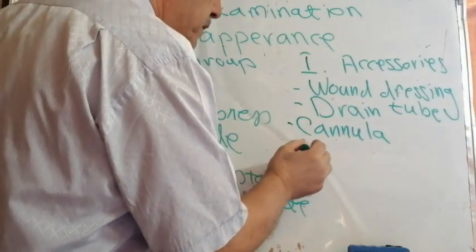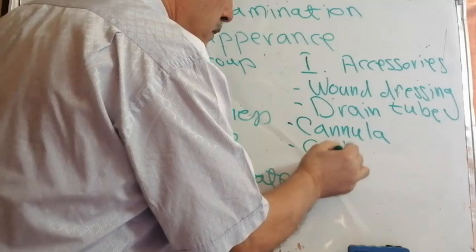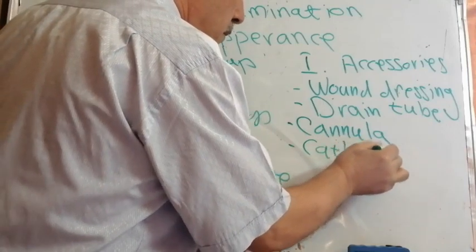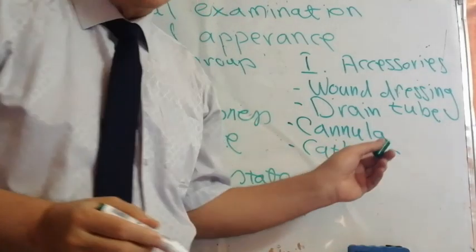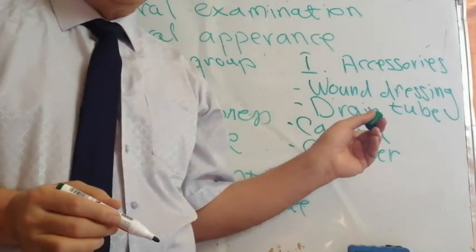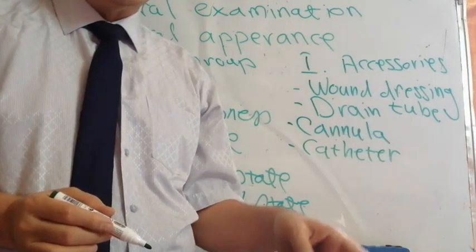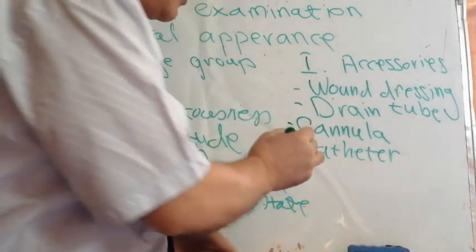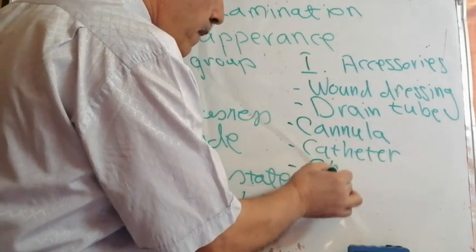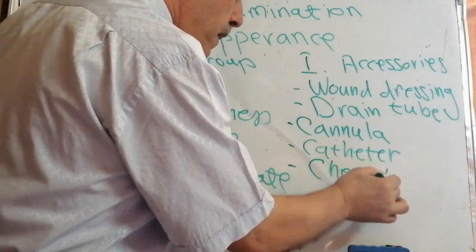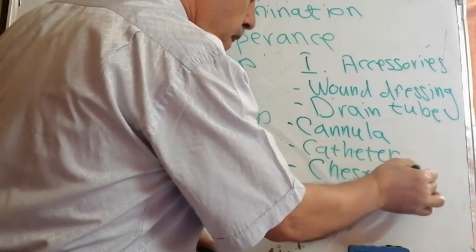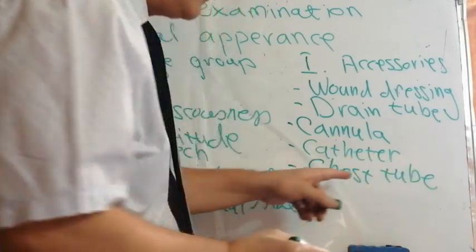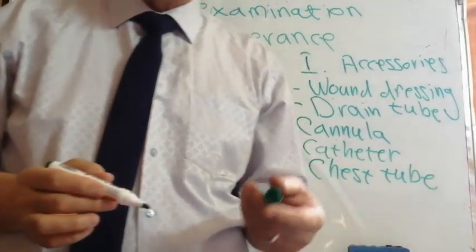Catheter. Urinary catheter, Foley catheter, connected to a collecting urine bag, amount of urine, and so on. Chest tube, usually connected to an underwater seal system.